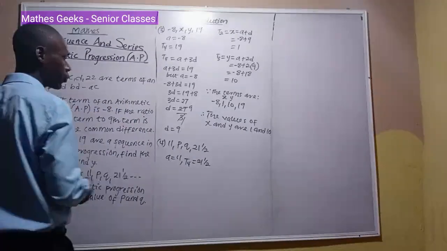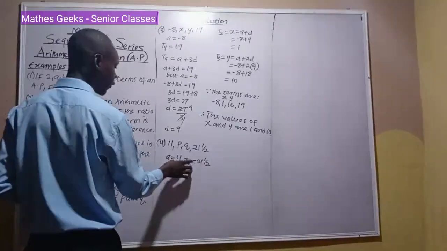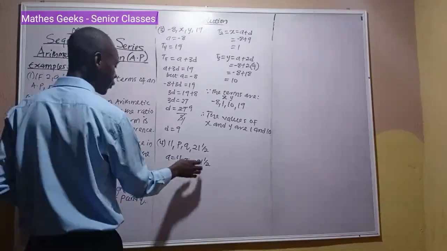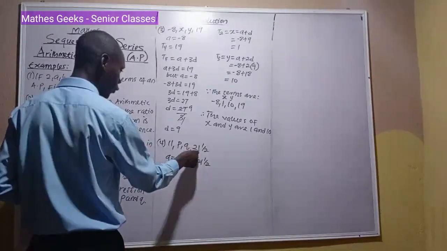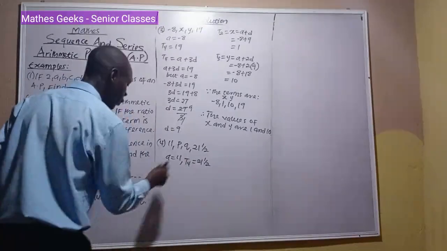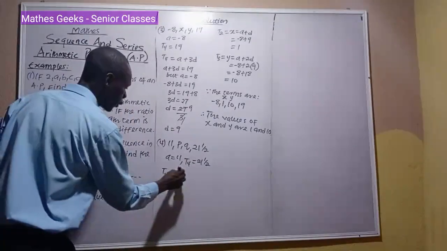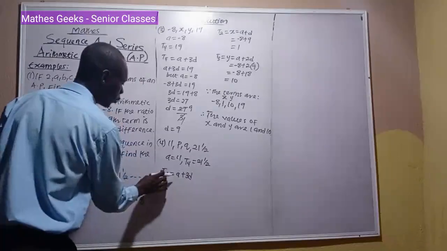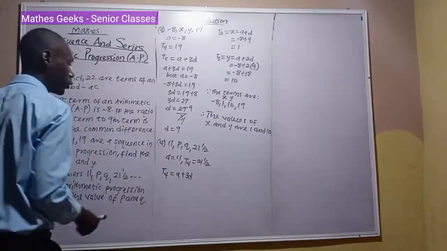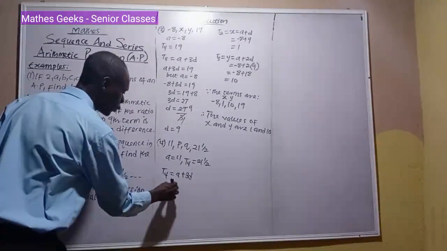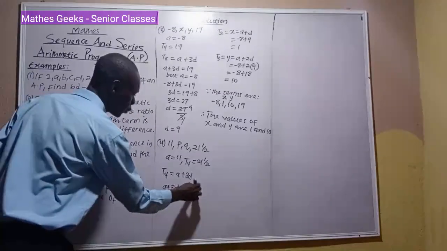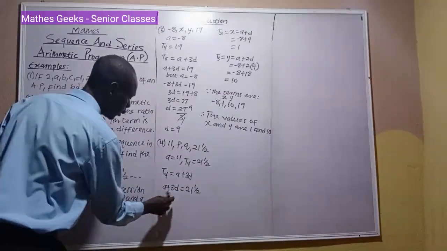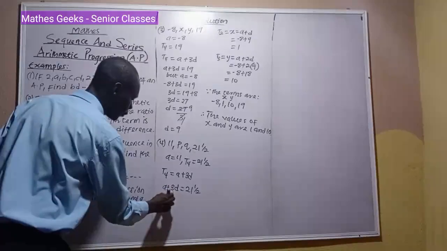So the best way to get the common difference is to get it from the fourth term, which we know, which is 21/2. So t4 is equal to a plus 3d, and t4 is 21/2. So a plus 3d is equal to 21/2.